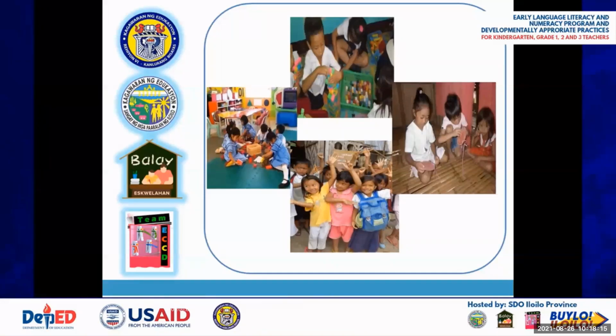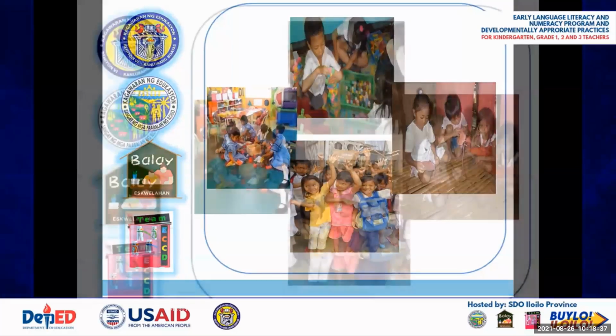And to provide developmentally appropriate instruction, we should understand how K-3 learners typically behave and think. And of course, we should recognize that each child has different strengths and development.